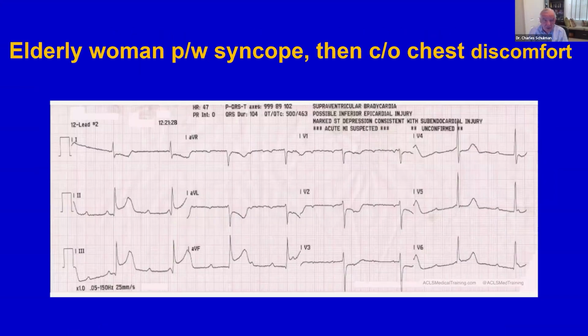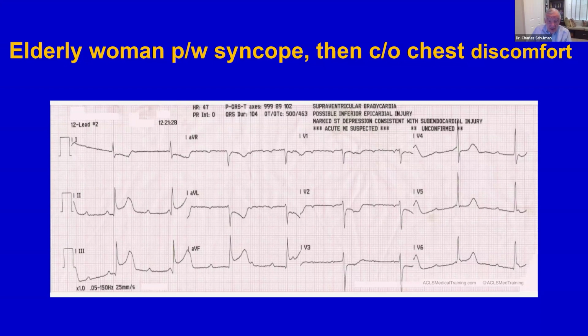Now, here's an elderly woman who presented with syncope and then complained of chest discomfort. And she has a slow rhythm. Her ventricular rate is 47. Is this a sinus rhythm? Look at the P waves. There's one in there, one there, one there. There's probably one buried in here, here.